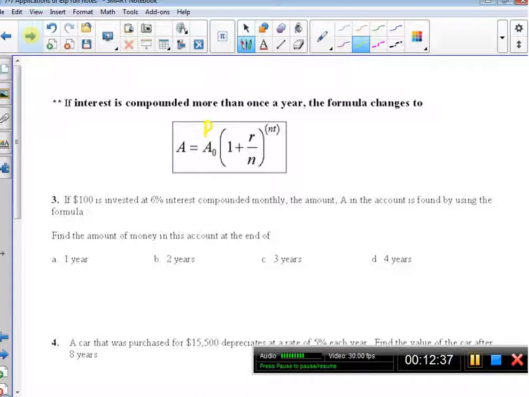If you would like to see that formula developed, you could see your teacher. It's a little bit involved. Otherwise, you're just going to have to trust me for now.